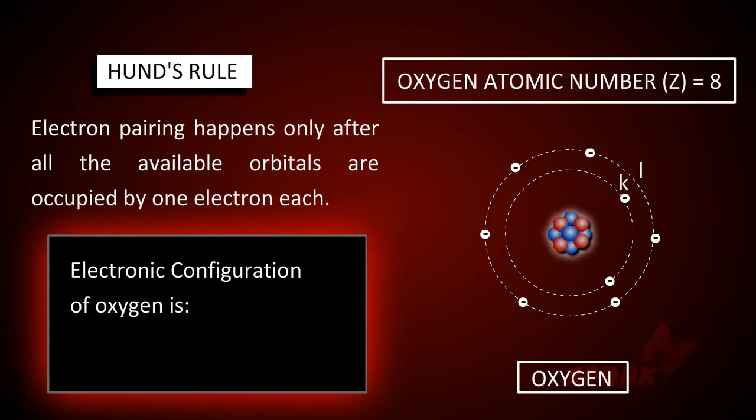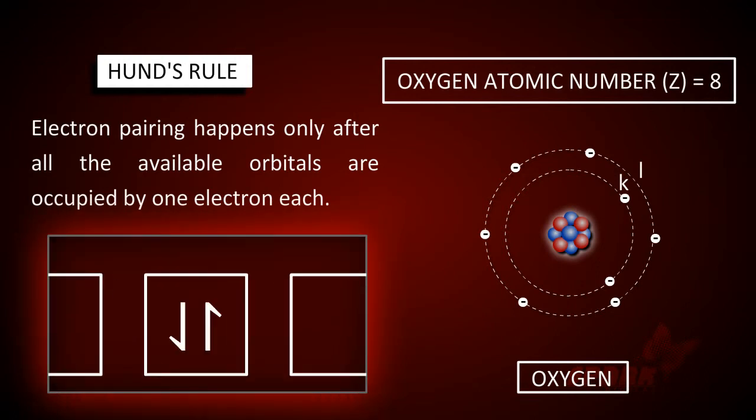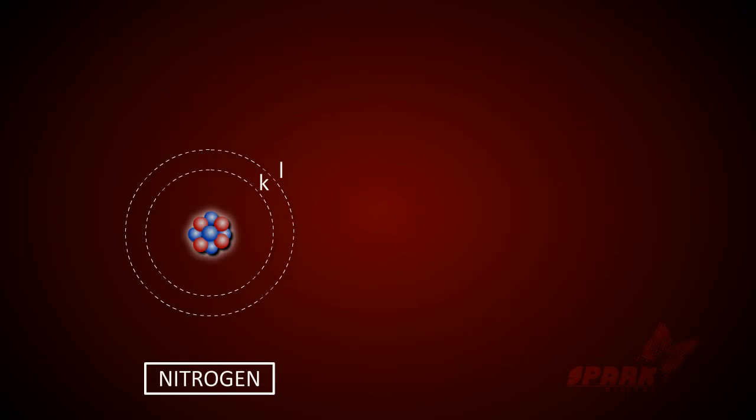So, the electronic configuration of oxygen can be written as 1s2, 2s2, 2px2, 2py1, 2pz1. The arrows indicate that the electrons have opposite spin, that is, plus half and minus half.